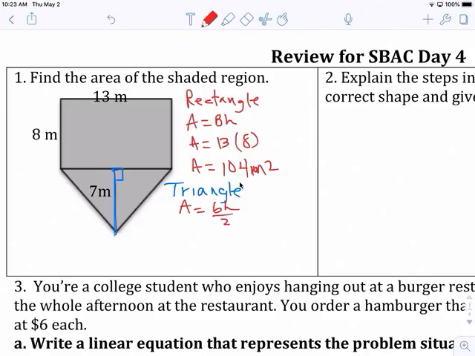The base, Janelle? 13. 13 times 7, divided by 2. And then, what did you get in your calculator? 91 divided by 2 equals 45.5 meters squared.